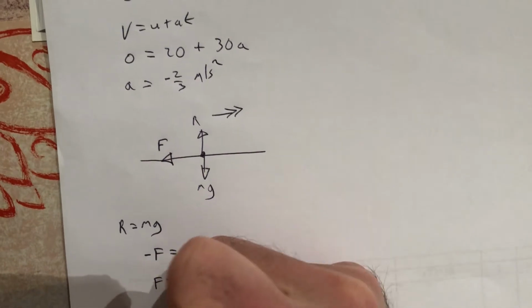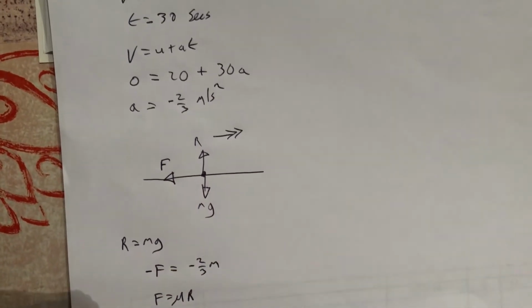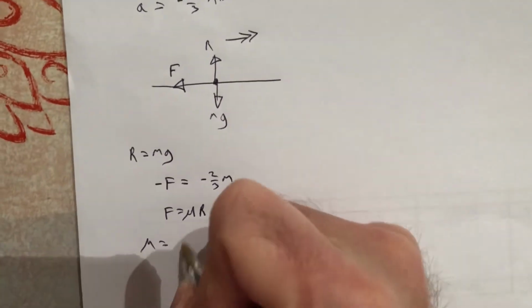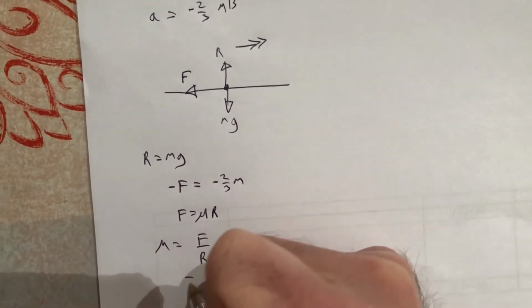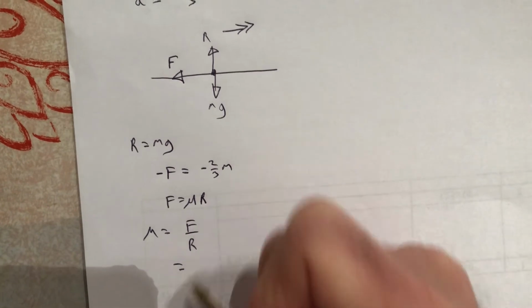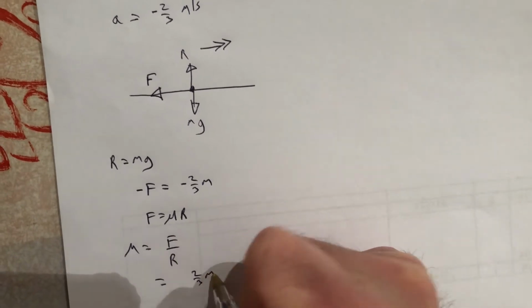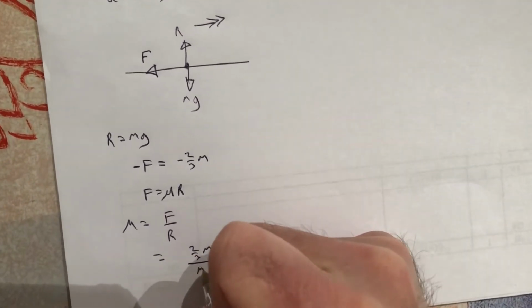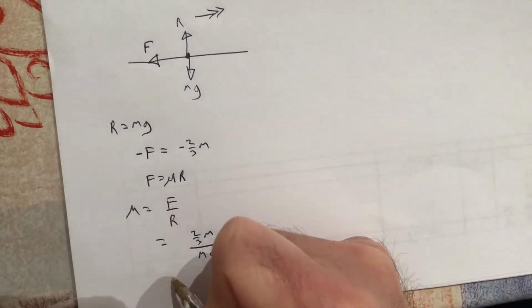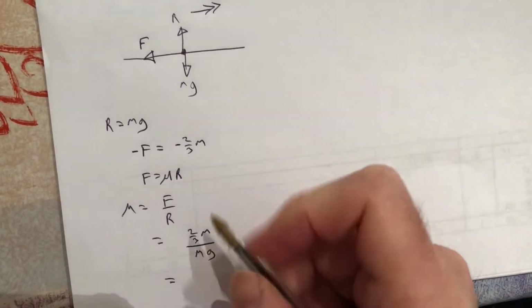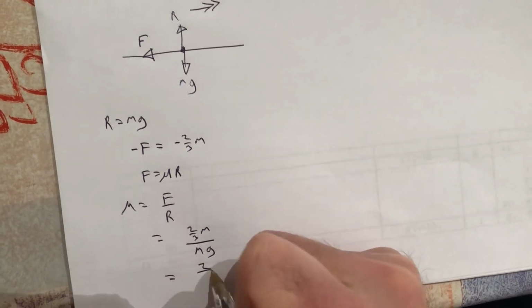So using F equals mu R, you must have mu is equal to F over R, which is equal to 2/3 m, that's F, over R, which is mg. So the m's cancel, 2/3 over g, 2 over 3g. That's it. Okay. Remember, pause the video and have a look at it again if there's anything you want to go over again.